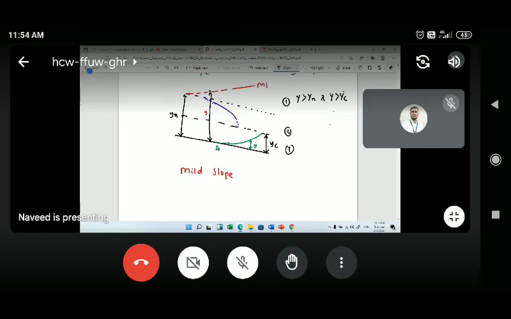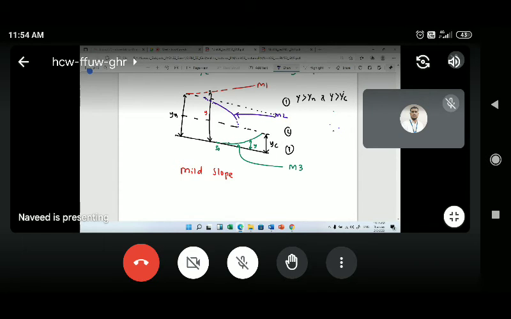This one is your M3 curve. And this is your M2 curve.